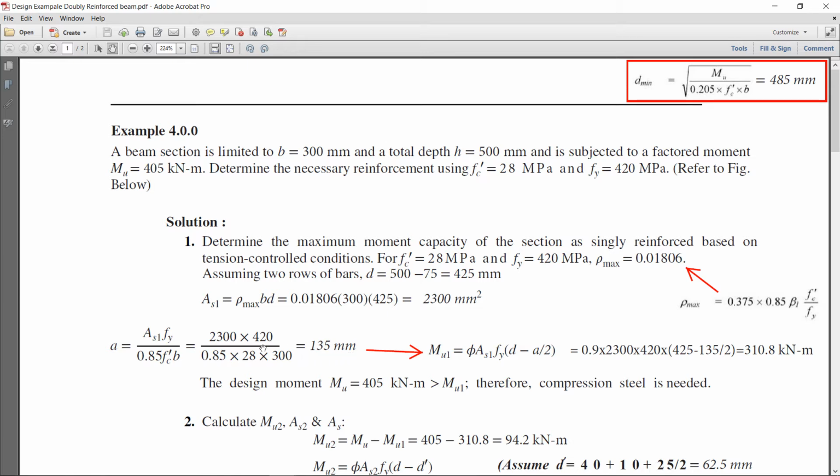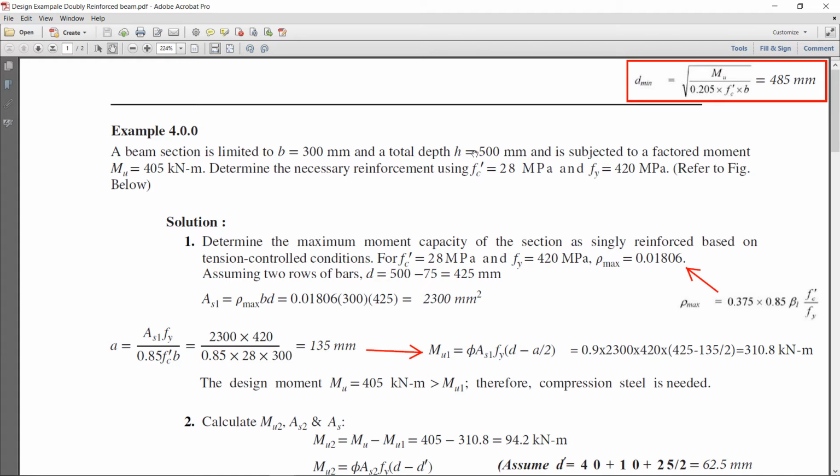If I have the value of a, now I can calculate the moment capacity Mu1, phi As1 fy into d minus a by 2, that is 0.9 times 2300 times 420 times d minus a by 2. I got the moment capacity 310.8 kilonewton meter. For this section, whose depth is limited, only this much moment can be produced by the beam when it behaves like a singly reinforced beam.